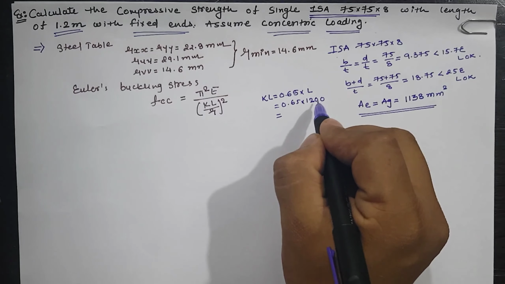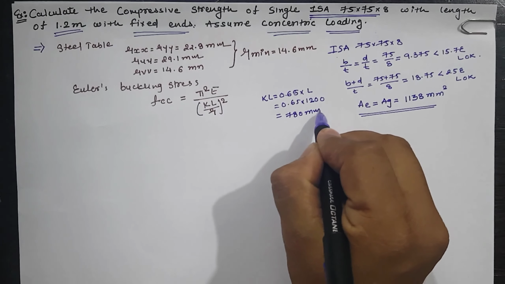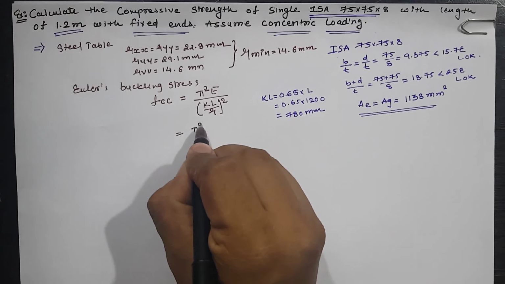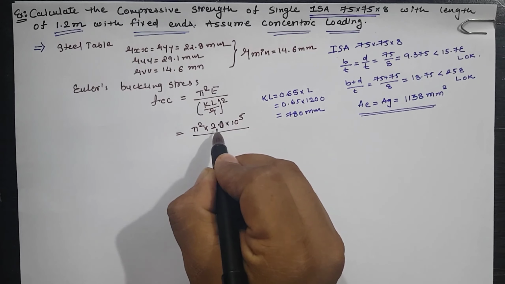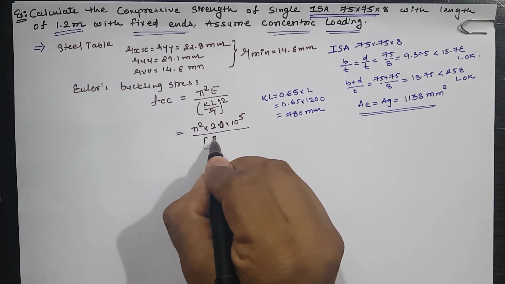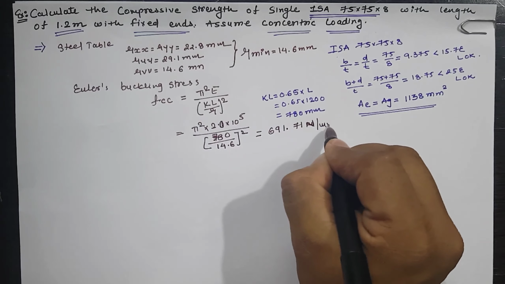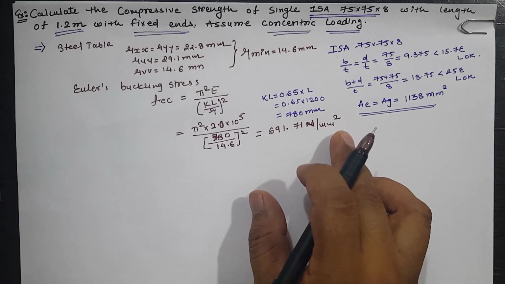So 0.65 into 1200, it is 780 mm. Now let us put the value in the KL by R. So FCC is 691.71 Newton per mm square.